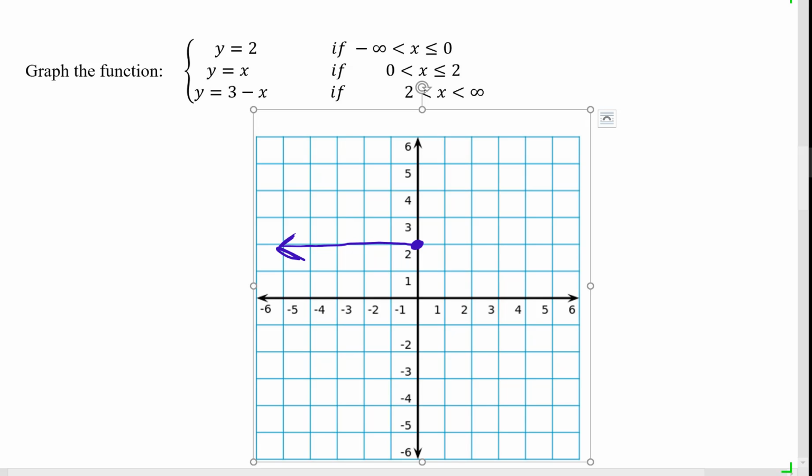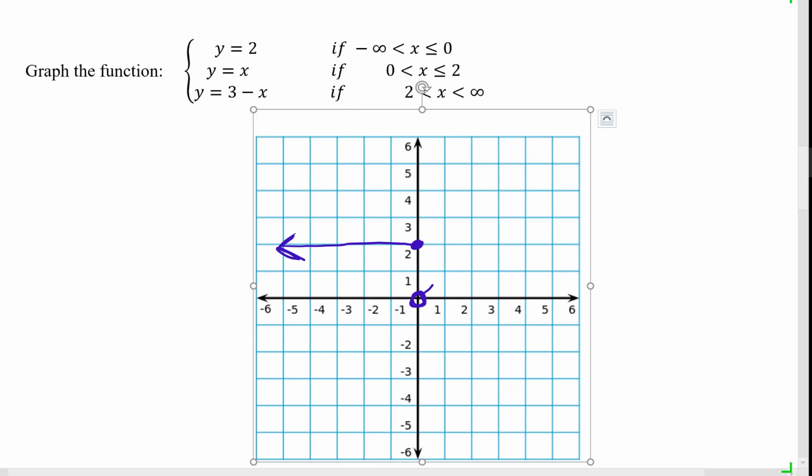So it's not even going to be connected to it, kind of like the one we did last time. All right, so it says that as we go from 0 to 2 on the x-axis, not including 0, so put an open circle there. And as we go from there to 2, we have the line y equals x. The line y equals x goes through the origin, because it has a y-intercept of 0, and it has a slope of 1.